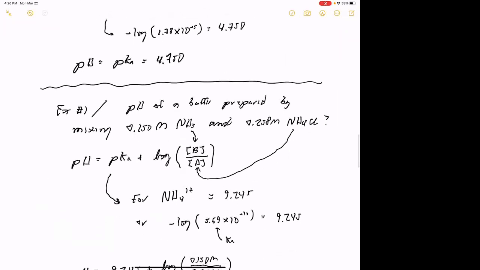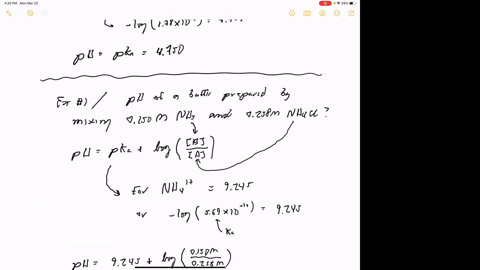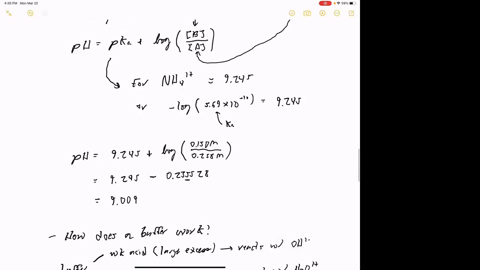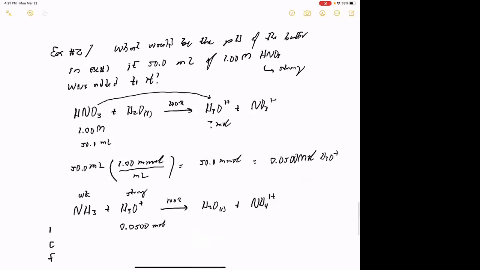I think I can because I've got a molarity for the ammonia. Now, it doesn't tell me what volume I've got it in. So what can we assume about the volume if I don't tell you? A liter? Yeah, we're going to assume it's a liter. So if I've got a liter, how many moles of ammonia are in here? 0.150. Yes, sirree.